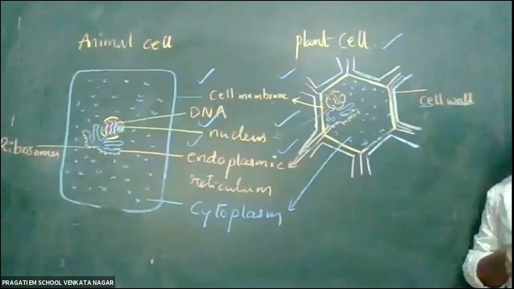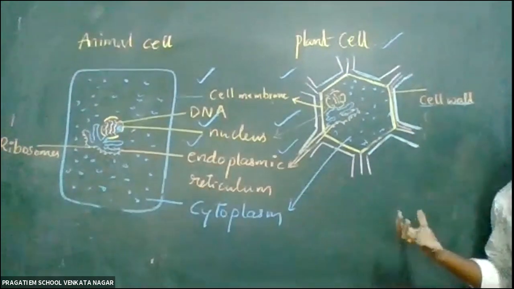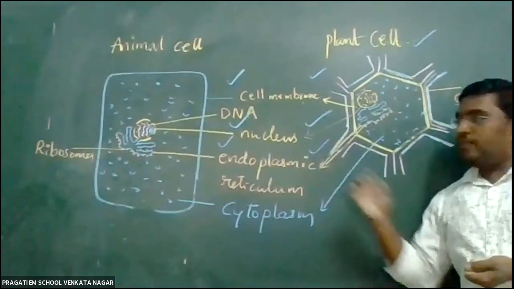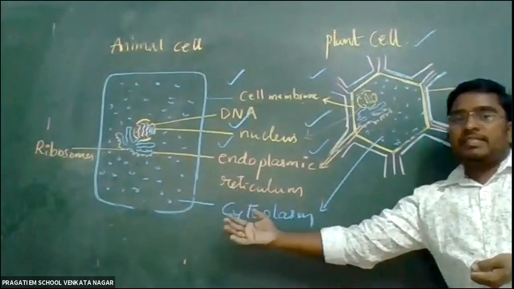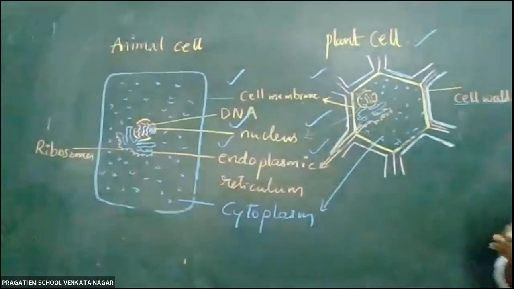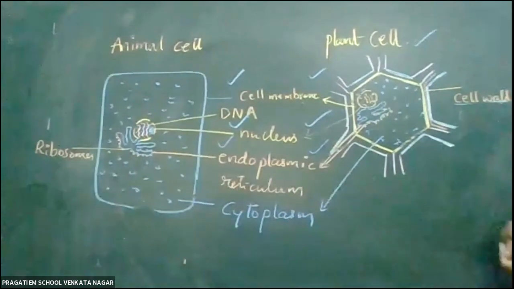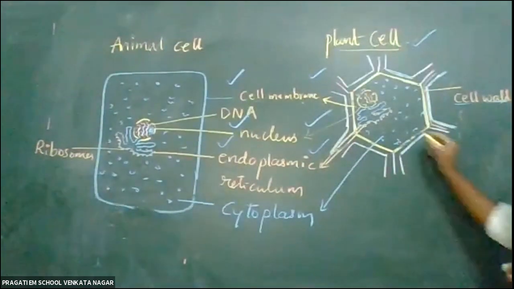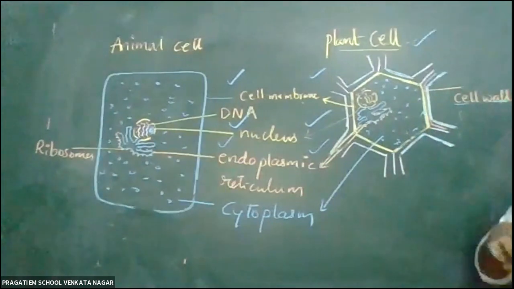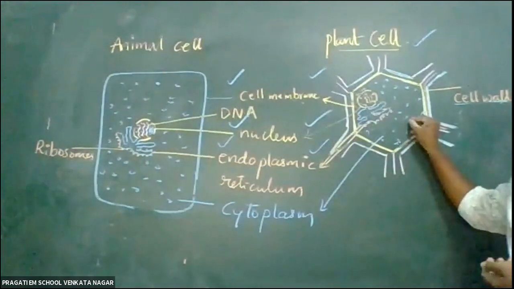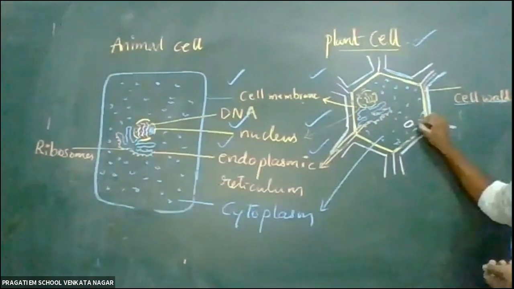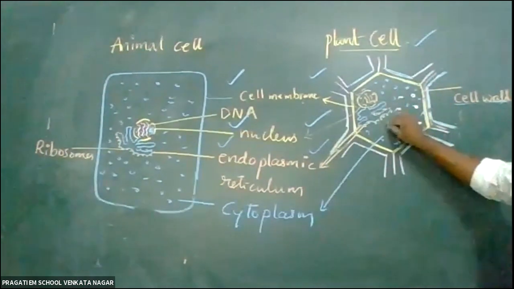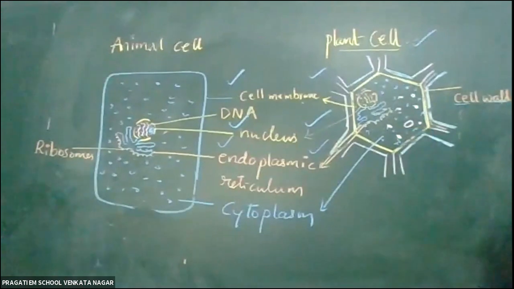Let us see the difference between plant cell and animal cell now. Here, plant cell has a specialized cell organelle. Here I am representing some granular structures.